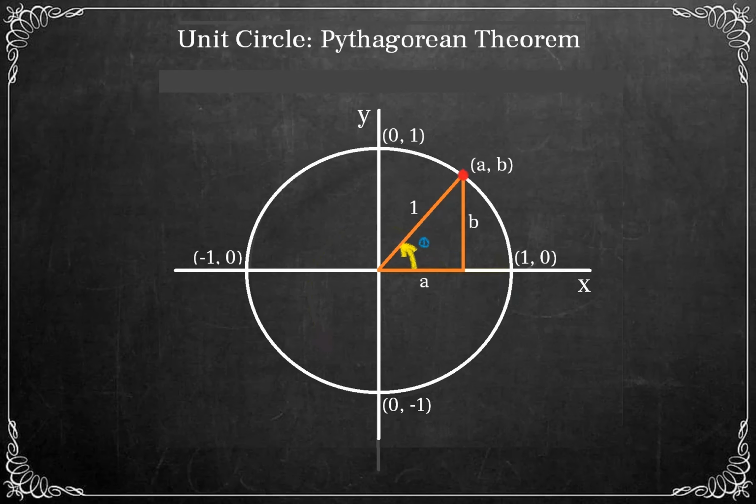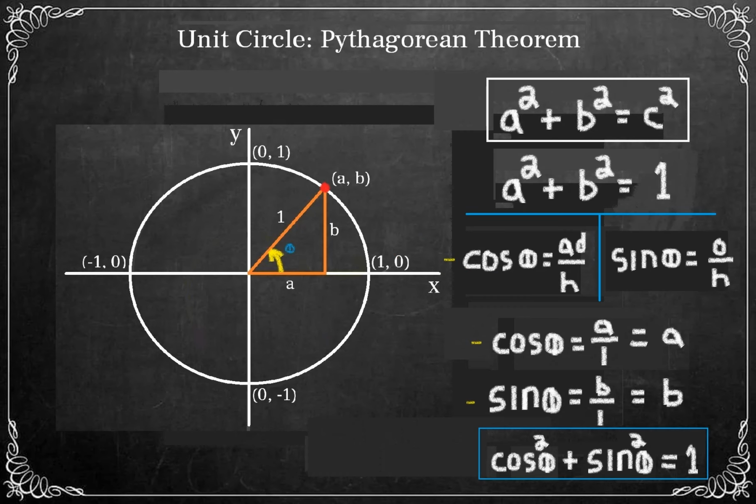Adding the details, such as side A is entirely on the x-axis, and side B corresponds to the y-axis. The red point is the pair A and B. Now the diagram should start to look very familiar. Since the hypotenuse C equals 1, we can rewrite the Pythagorean theorem as a squared plus b squared equals 1.